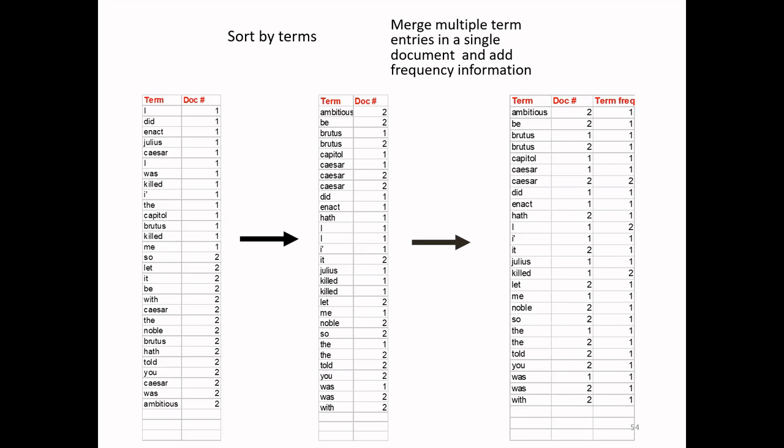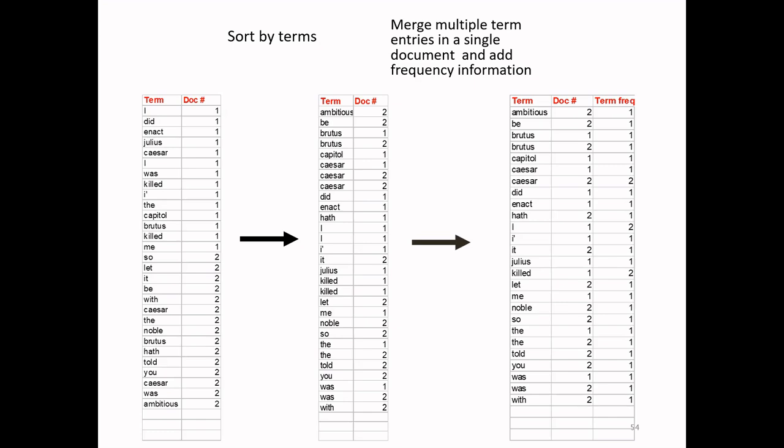If you look at the table in the middle, you can see that we have sorted the terms, and the second column has the document number. All right. Now we can add another column where we count the frequency of that term in the given document.